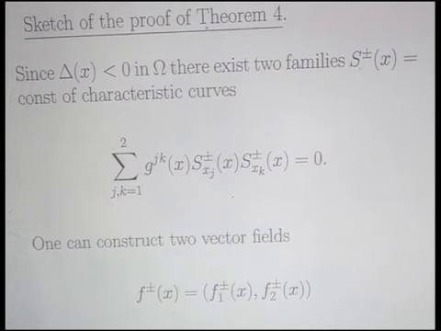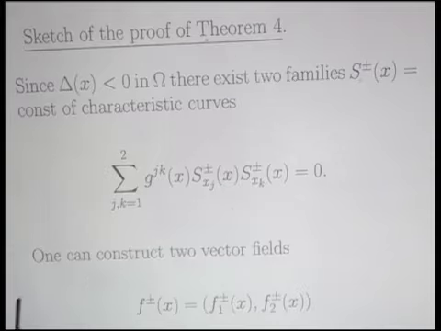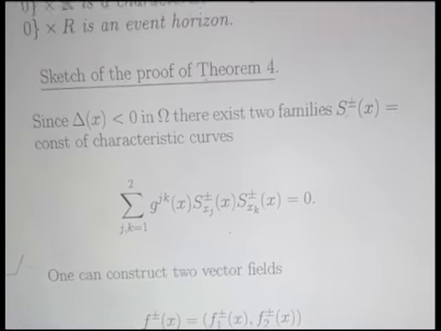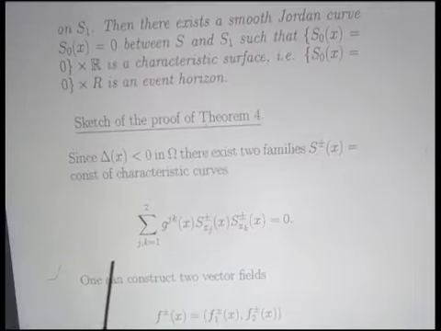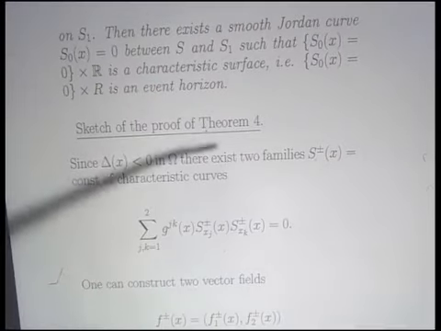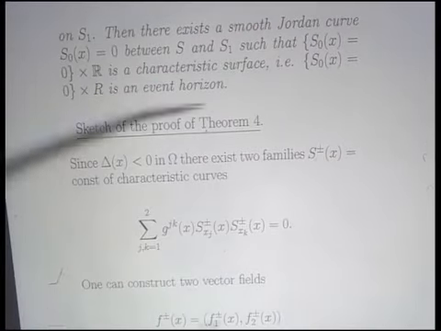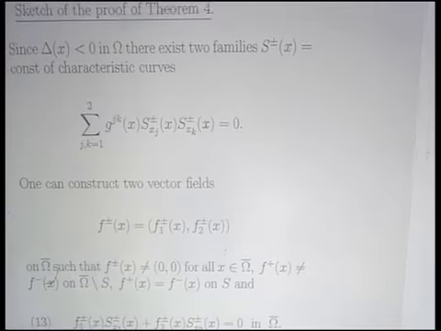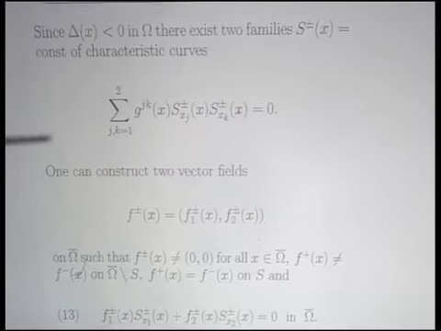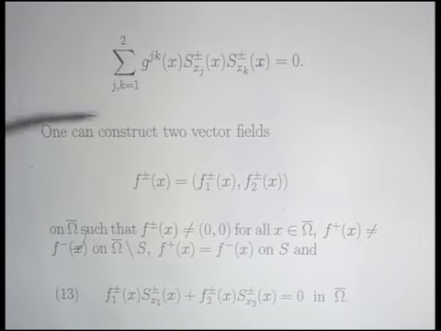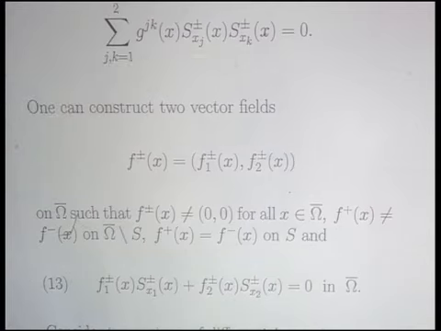And what is the sketch of the proof? Inside our domain, determinant is negative. So you have hyperbolicity. You have, in two variables, this family of two characteristics. You can construct two vector fields, which are not vanishing, not equal except on S, and which satisfy this characteristic equation.